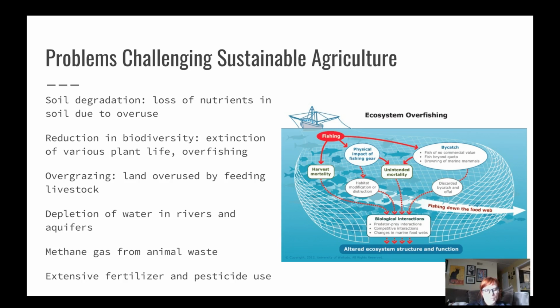And we've talked about before the extensive fertilizer and pesticide use. These are all things that are challenging the future of agriculture. If we keep using all of these things, if we keep producing these results, then we're going to have problems. We're already starting to see problems, but they're only going to worsen over time. So we have to do a lot of reflecting about how we create food.